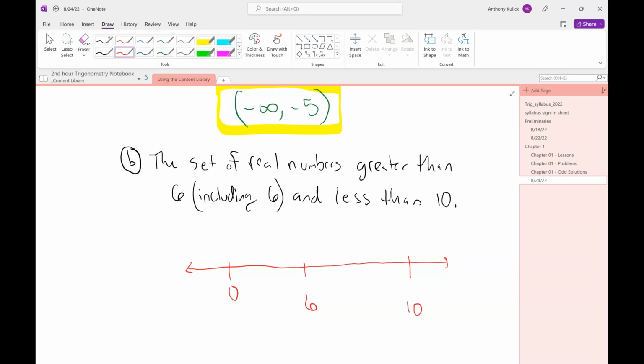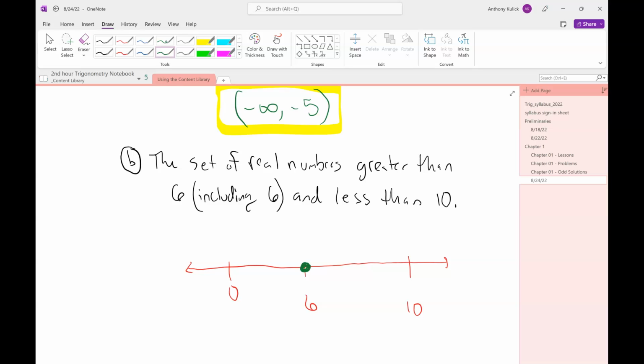All right. So at 6, that's one of the ones I care about. Do I give that an open circle or a filled in circle? Good. So I use that filled in circle because it's including 6. And then I want the things greater than 6.